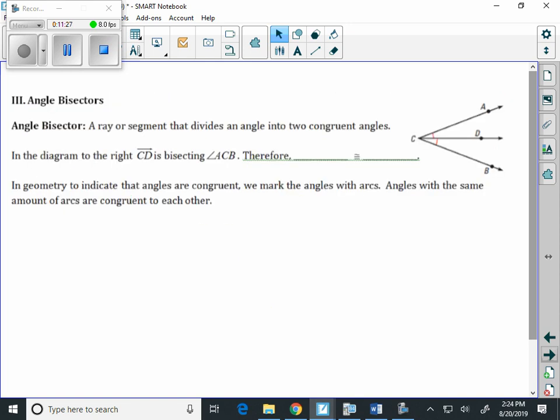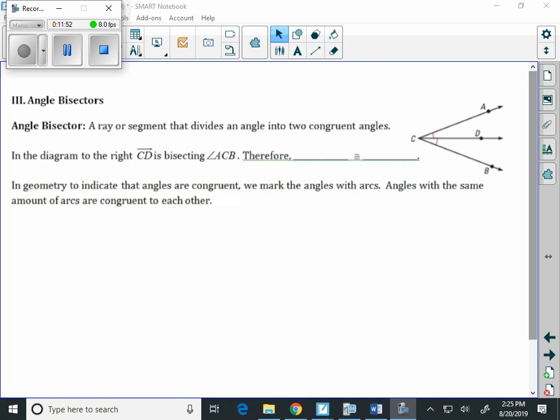As we jump down to the last part, an angle bisector. An angle bisector is a ray or a segment that divides an angle into two congruent angles.